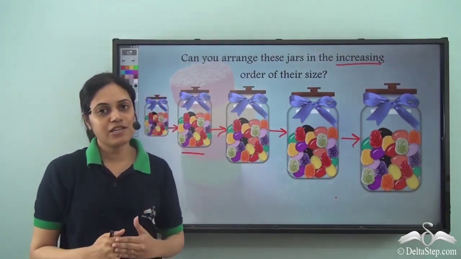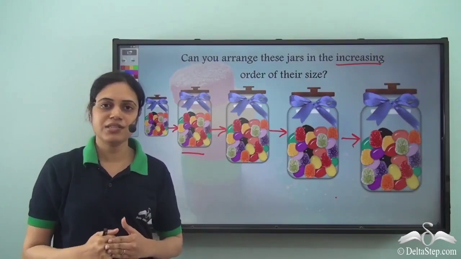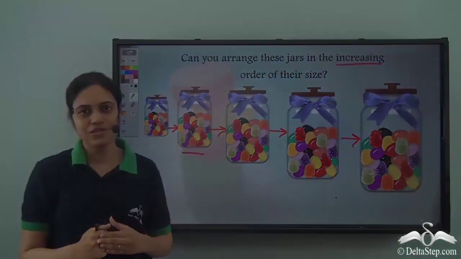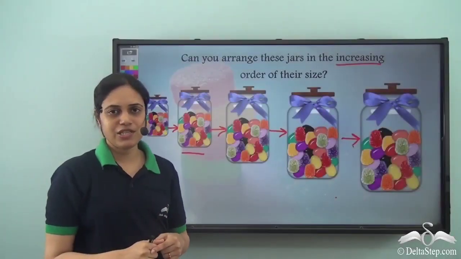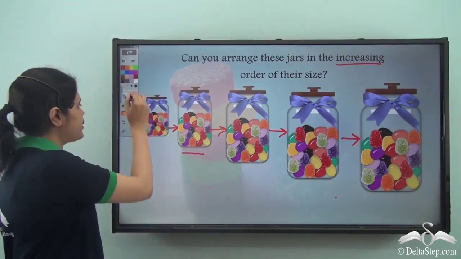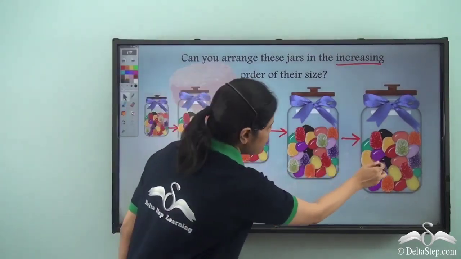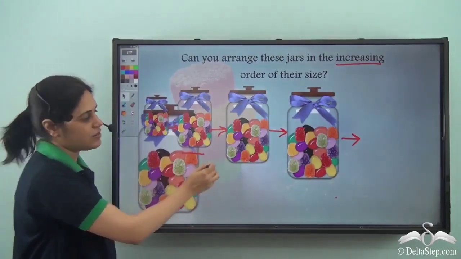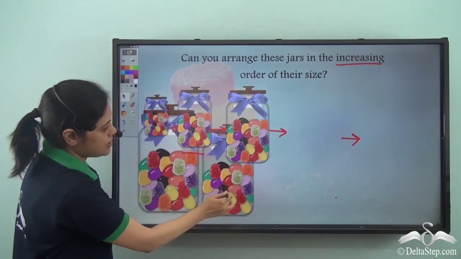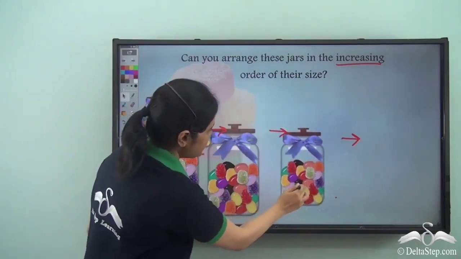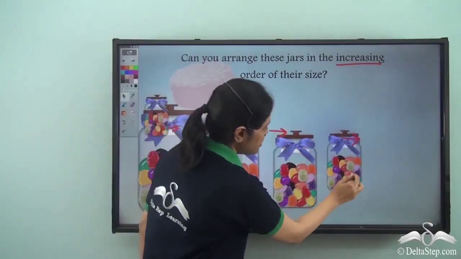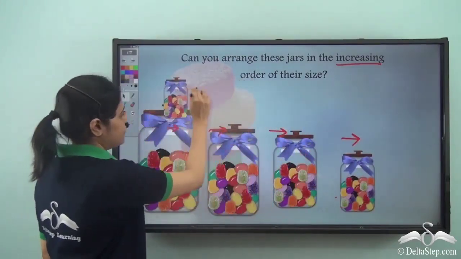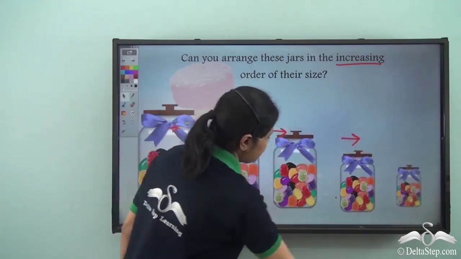Now what if I ask you to arrange these jars in the decreasing order of their sizes? So let us arrange these jars in the decreasing order of their sizes. So first I have the jar which is the biggest, then this, then this, and then this.